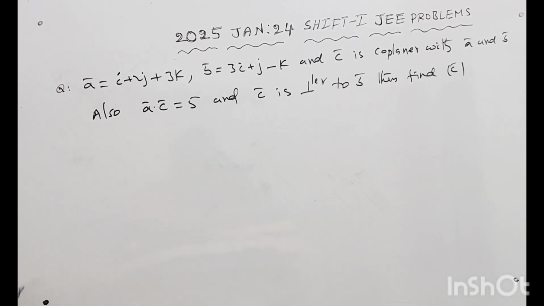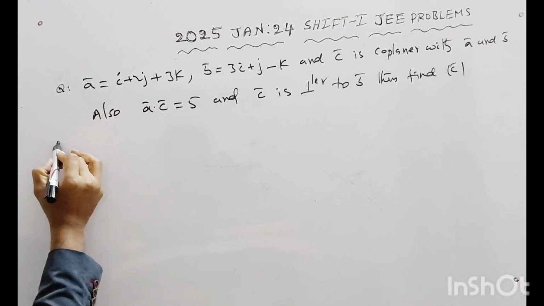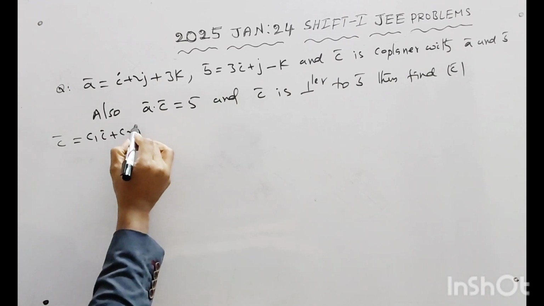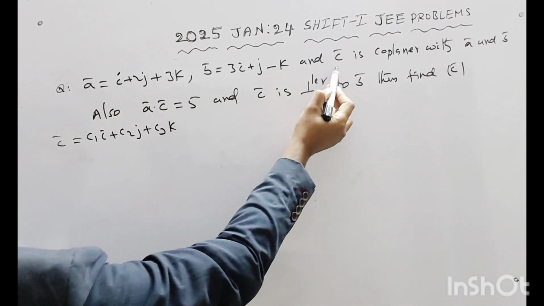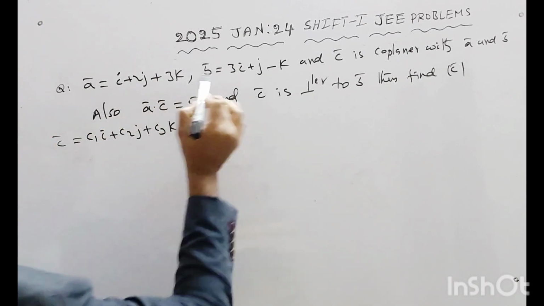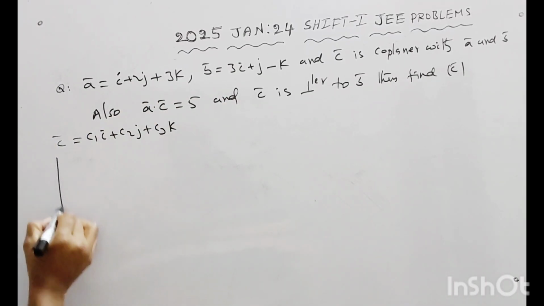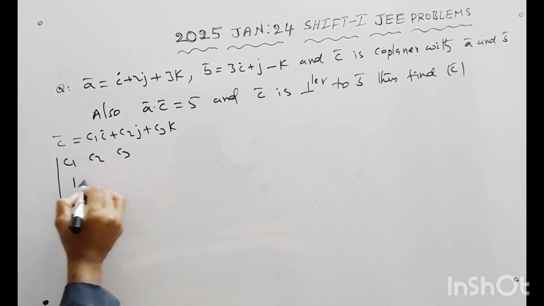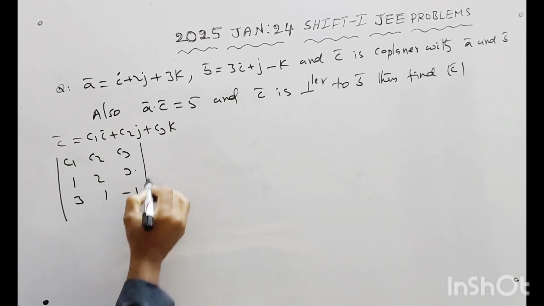We don't know the vector C bar, so assume C bar as C1 i, C2 j, C3 k. C bar is coplanar with these two vectors, so the determinant of C1, C2, C3, 1, 2, 3, 3, 1, minus 1 should be equal to 0.